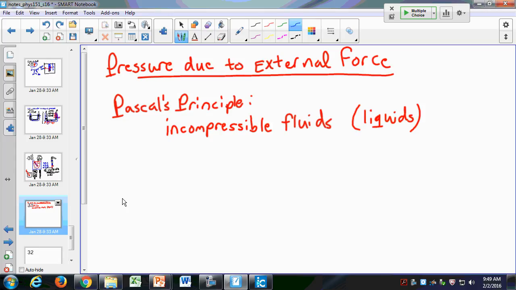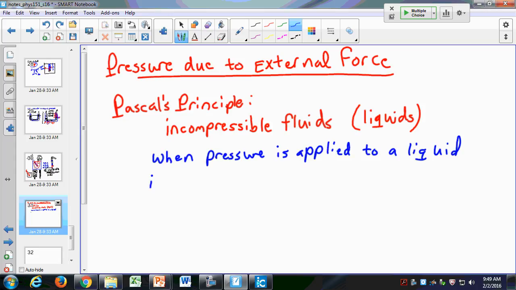And he said that when pressure is applied to a fluid in a closed container, or we'll just say liquid, when pressure is applied to a liquid in a closed container, the change in pressure, that's what this symbol means, the capital delta P means a change in something.